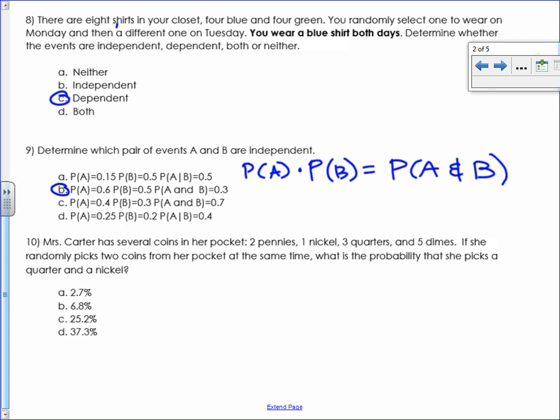So you have to look at the numbers and put them in the right place. So you would multiply these two and you want them to equal that one. So if you got a different number on the left than you did on the right, okay, then it would not be working. It would not be independent.